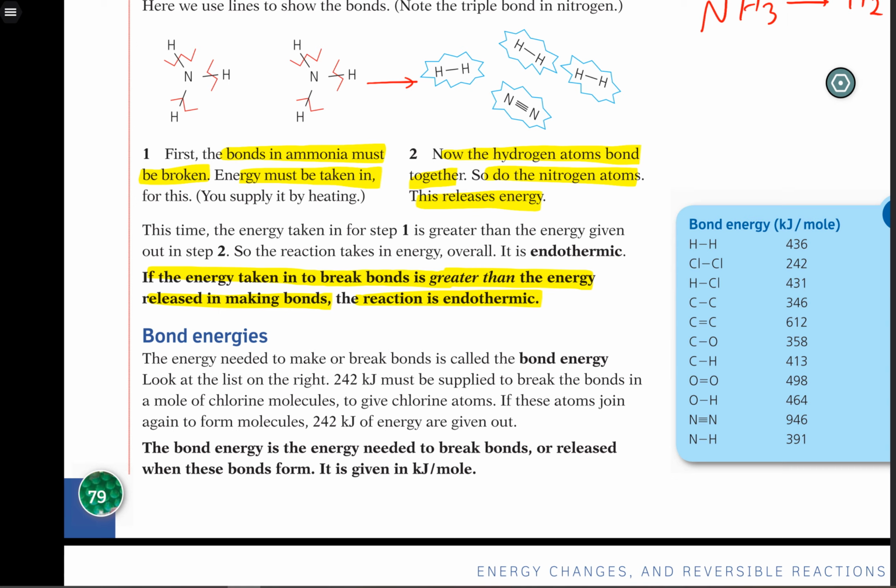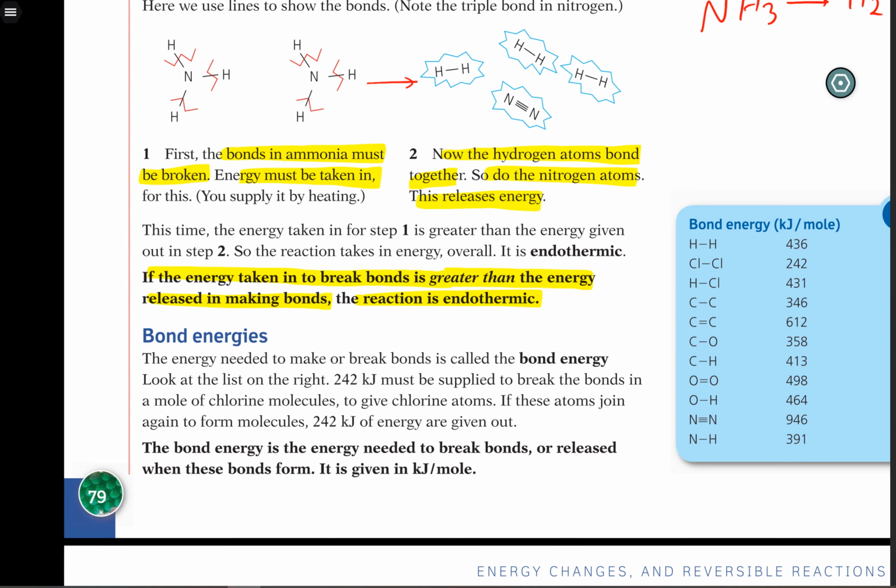When the new bond forms, the energy releases. If the amount of energy which releases on the product side by forming the bond is less than the energy that we need for breaking the bond, the reaction is endothermic. Or in other words, if the energy taken in to break the bonds is greater than the energy released in making bonds, the reaction is endothermic.